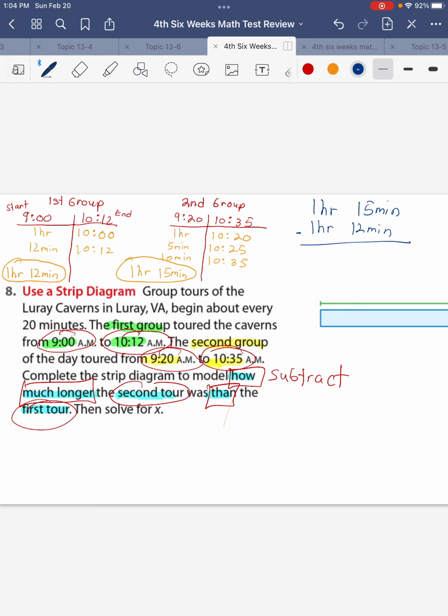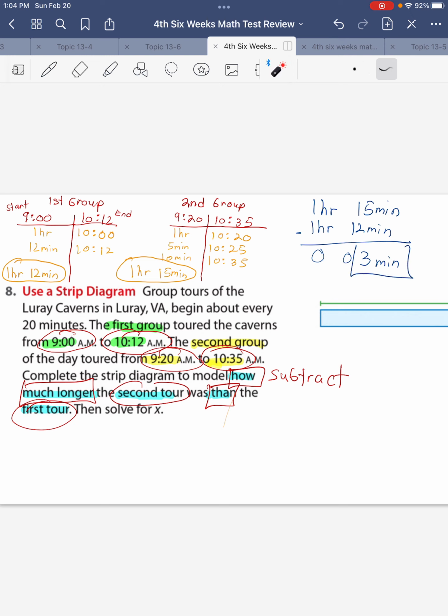As you can see, I did the 15 minutes on top because this number is bigger. 5 minus 2 is 3. 1 minus 1 is 0. 1 minus 1 is 0. So it took about 3 minutes, and that is my answer.